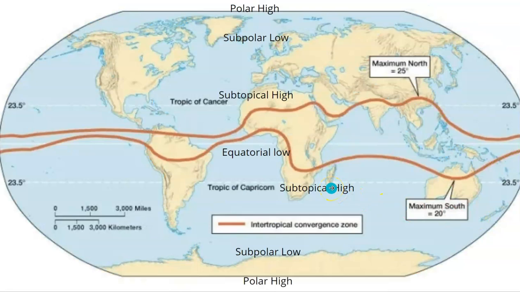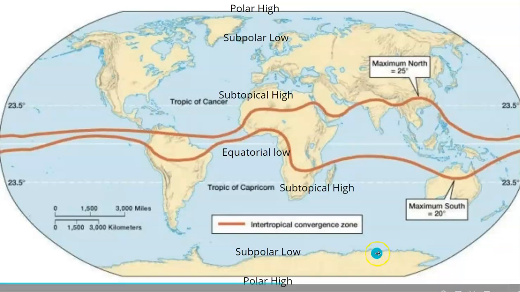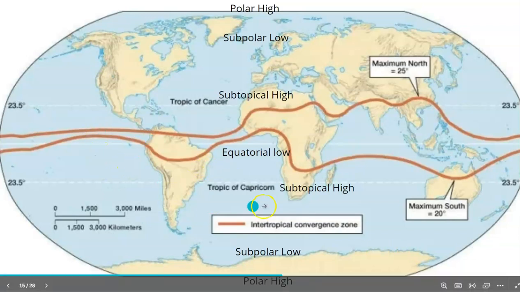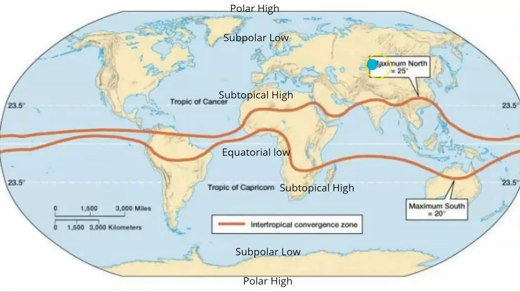All right. So what's important here, I did mention a little bit earlier the high pressure cells moving northwards. When North America is experiencing summer, the pressure belts all migrate slightly northwards. So the polar high, subpolar low, subtropical high, equatorial low, etc., are all going to move slightly northwards.